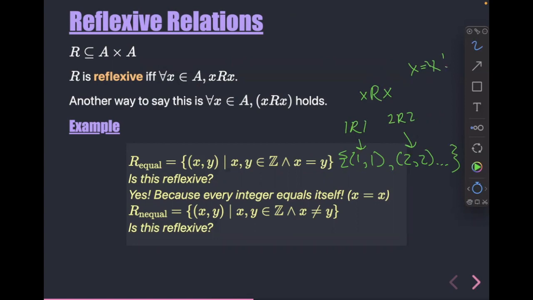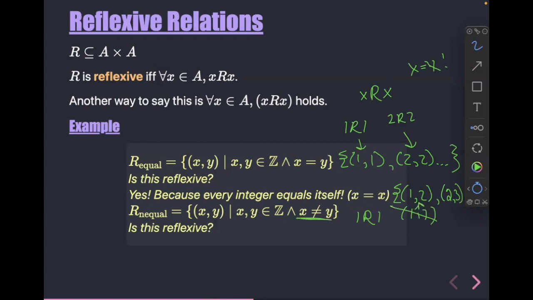And if I wanted to go to this one where I'm saying X and Y are integers, but X does not equal Y, this would be that set where it was 1 2, 2 3, and so on. Then I won't have 1R1, because 1 1 is not going to be in this set, because 1 does equal 1.